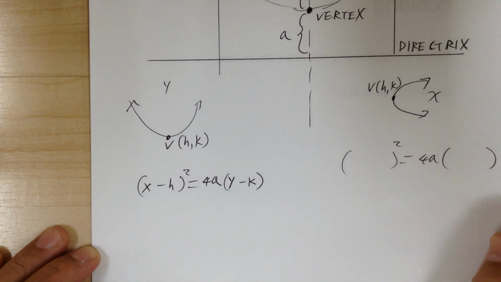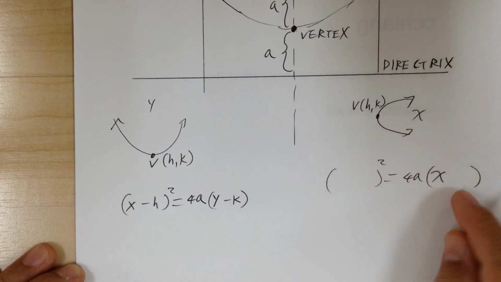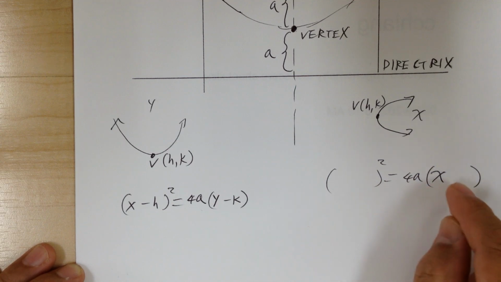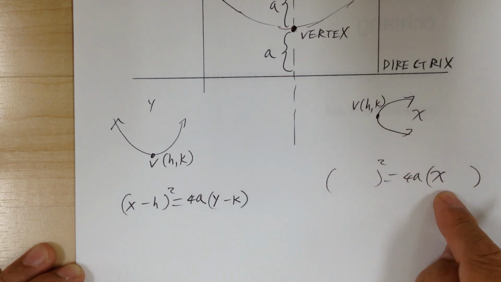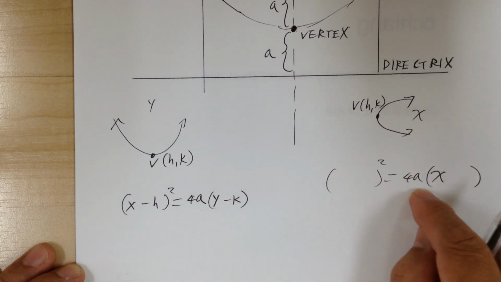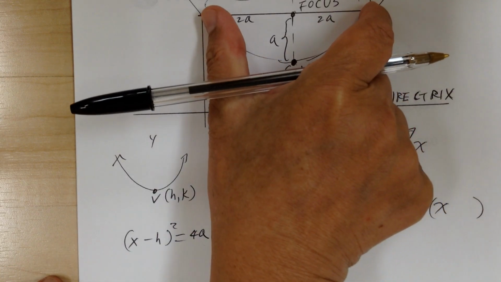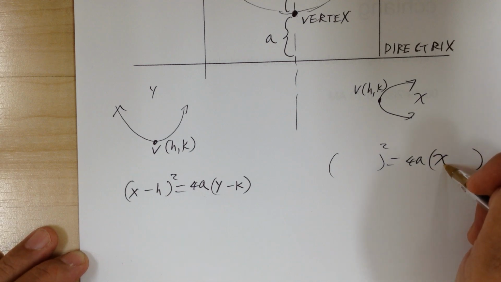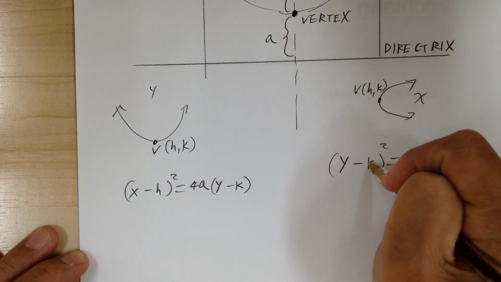So again, this is your template. If it's opening in the x direction, the x goes over here. So this tells you the direction of the opening of the graph, and this tells you the width of the opening at the focus. So this number over here is 4a. And if the x goes over here, then y will go over here, and this would be minus h, and this would be minus k.